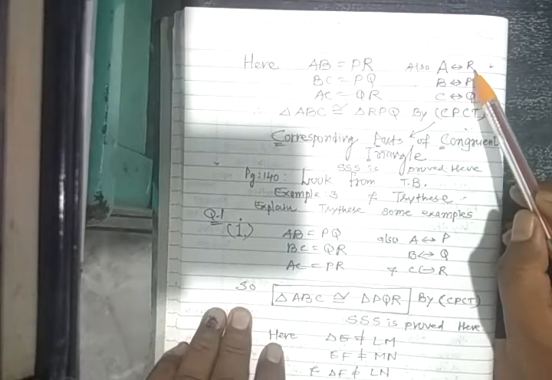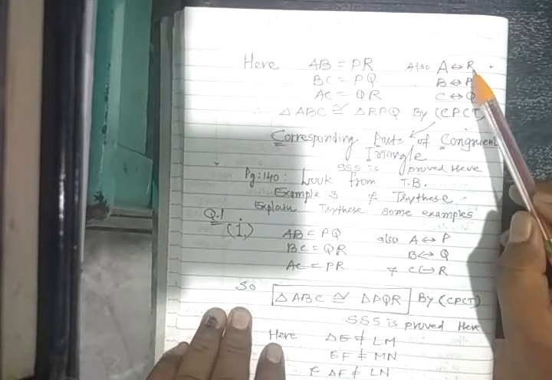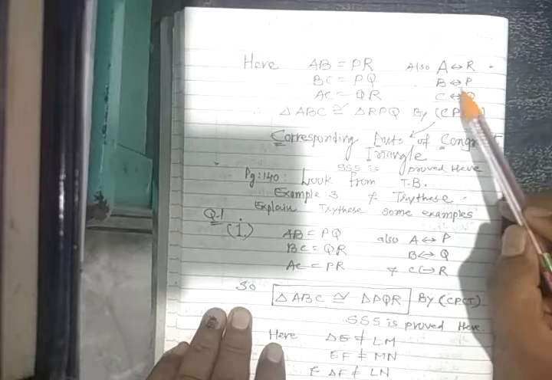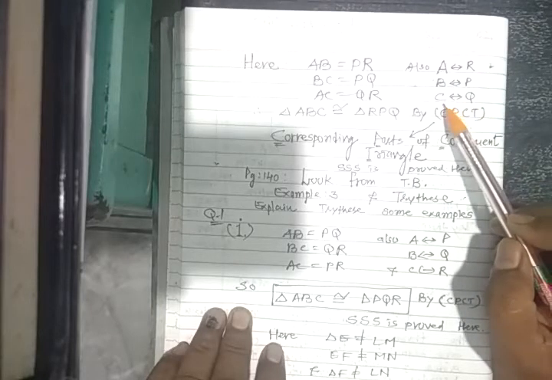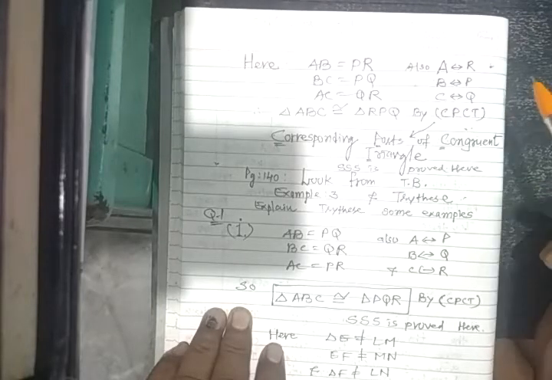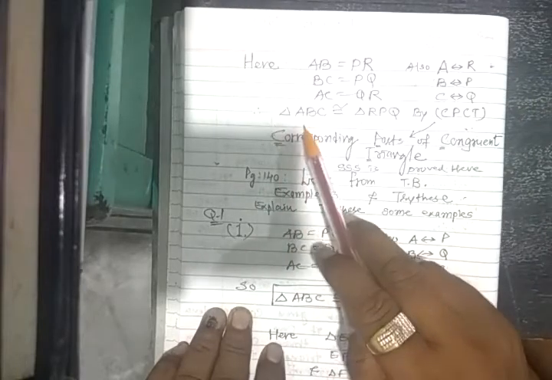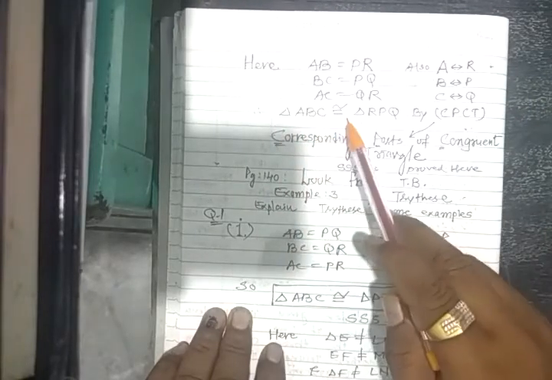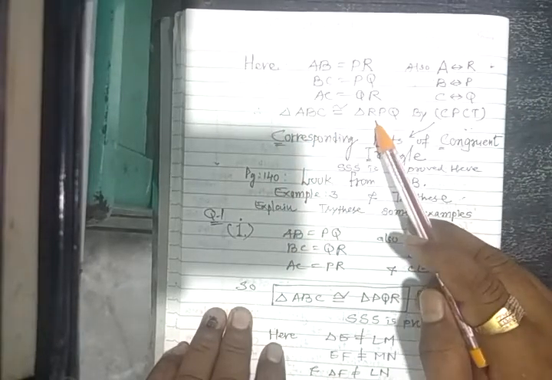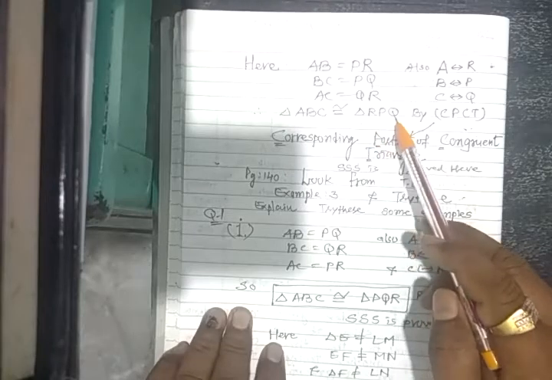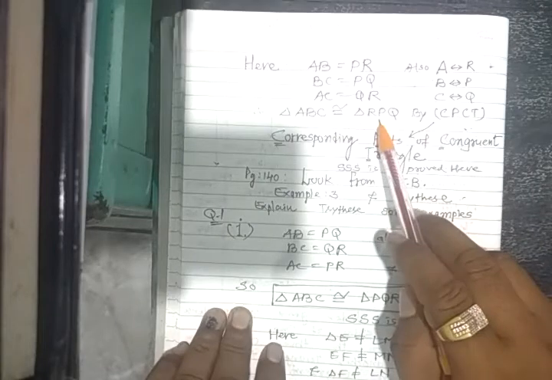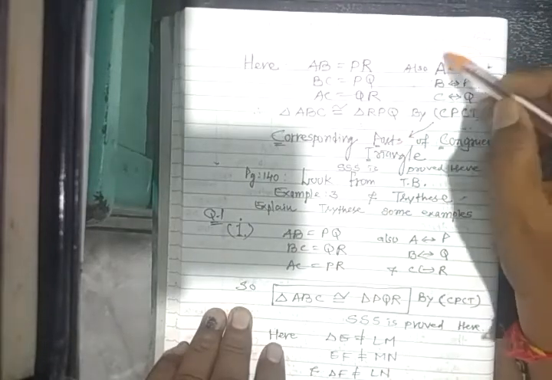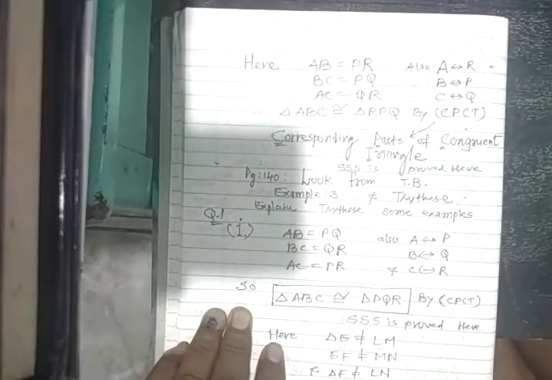Also we write the correspondence. A corresponds to R, B corresponds to P and C corresponds to Q. So triangle ABC is congruent to which correspondence? RPQ. You see how I write this, students? We write down by this correspondence.